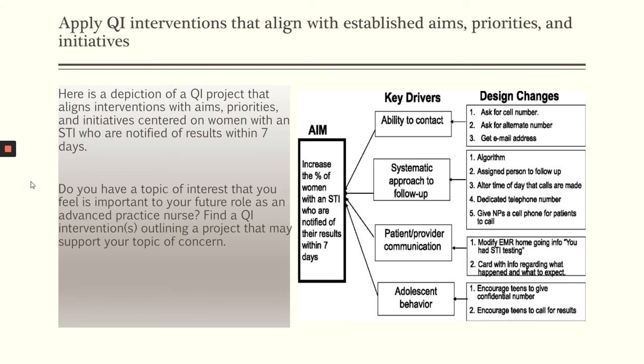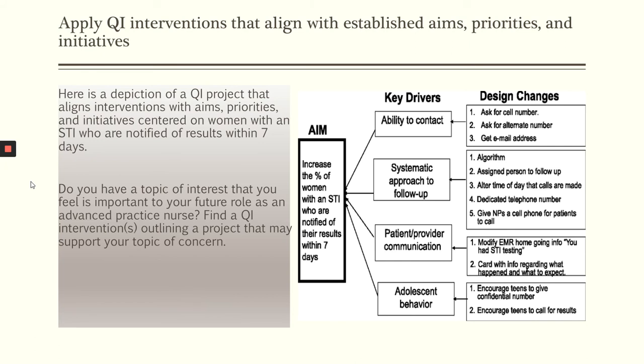So the algorithm would be assigned to a person with follow-up that they can use, alter the time of day the calls are made, have dedicated numbers. This is the systematic approach to the follow-up, and then give NPs a cell phone for patients to call.